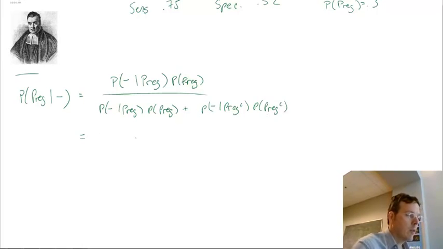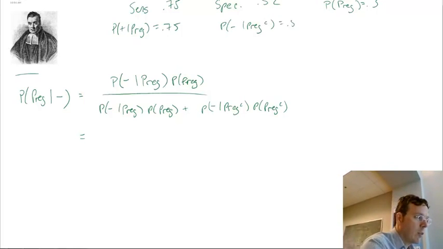Okay, so just to remind ourselves, the sensitivity is the probability of a positive test given that the person is pregnant. That's 0.75. The specificity is the probability of a negative test given that the person is not pregnant, so that's 0.52.